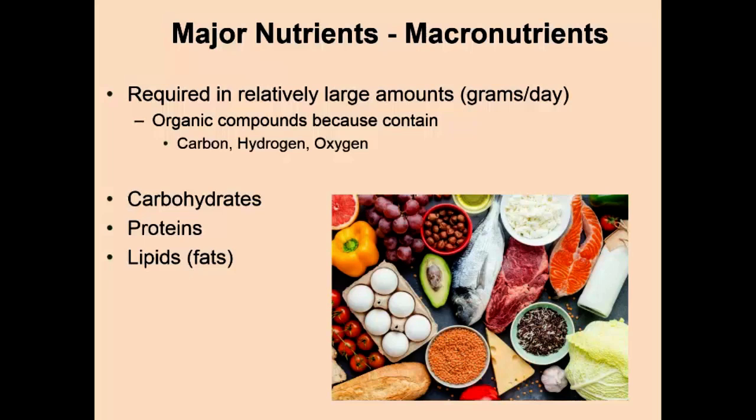So this is different than foods that are raised organically. That is a specific type of agricultural management, and there's certain rules that need to be followed. So don't get confused between organically raised foods and the term organic compound as it refers to nutrients.